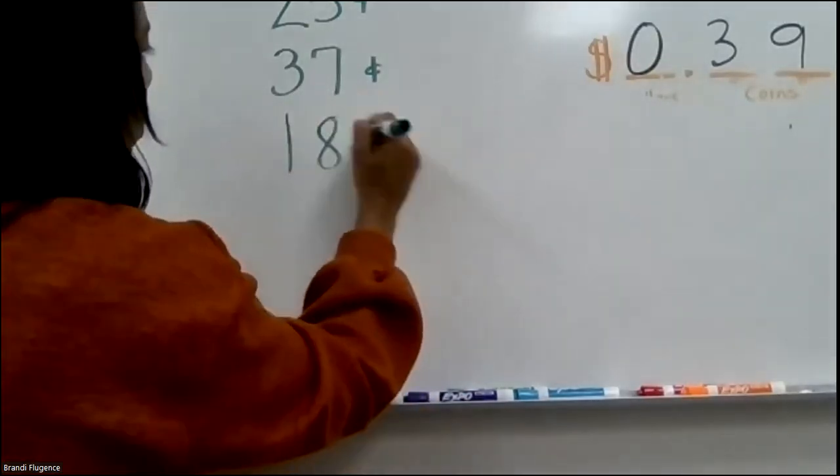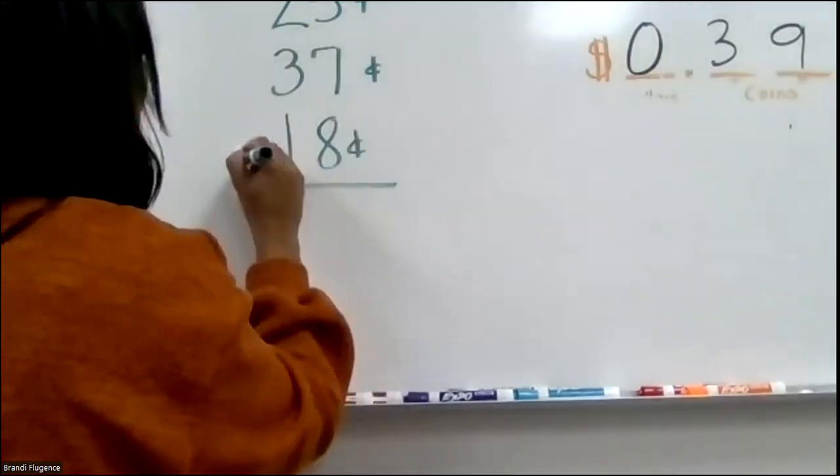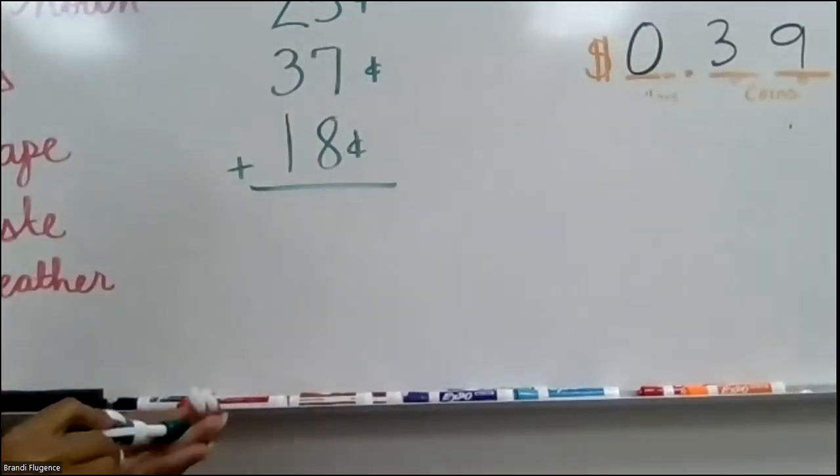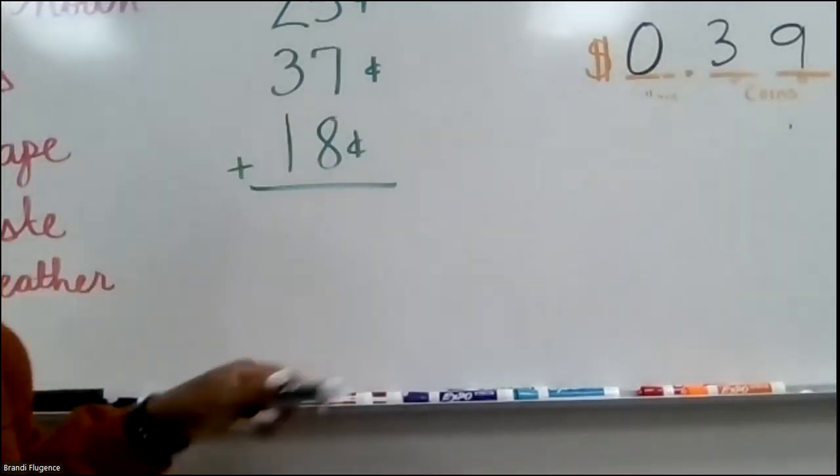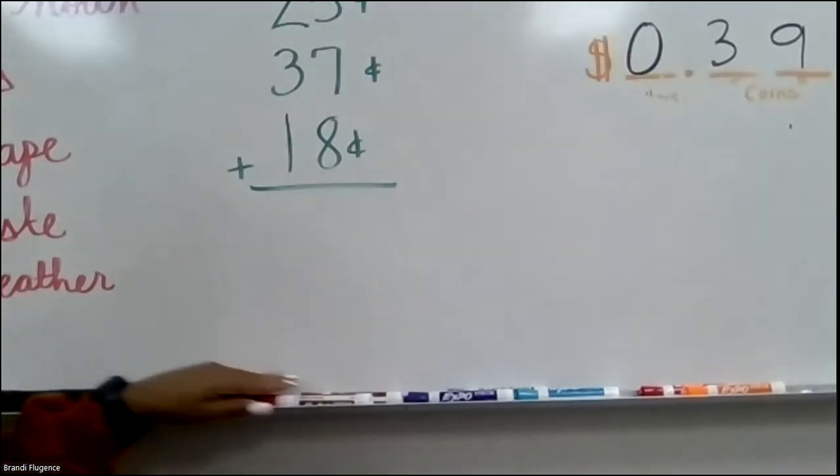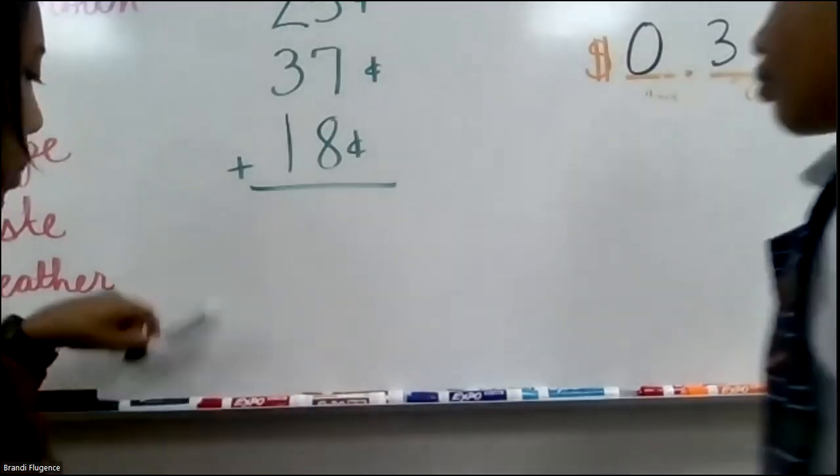All right. So Faith, come add this one up. So this is the first one, guys. Y'all can work the first one out. Faith is going to do it on the board, but you can work it out here. You can work it out in your book.